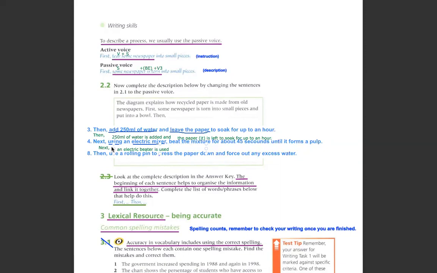So we wouldn't say an electric beater is used to beat the mixture. What would we say? Is used to beat. Okay, then the rest stays the same for about 45 seconds.